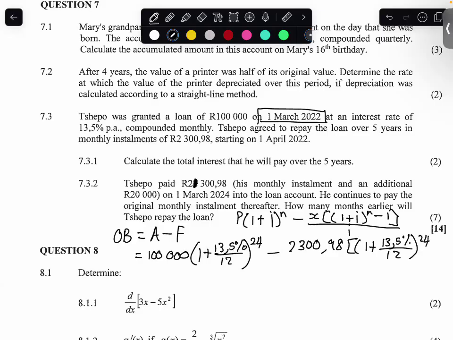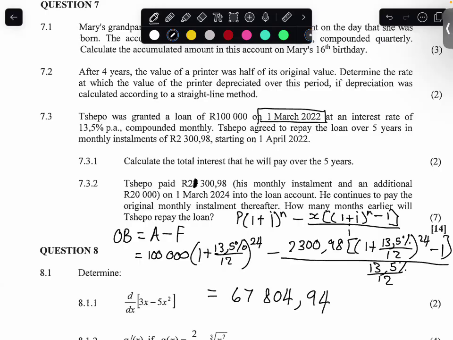The N values must be the same for both. And then that's minus 1 all over I, which is 13.5%. Don't forget your percentage sign over 12. This whole thing goes in on the calculator. It's going to give me the outstanding balance on the loan to 64 Rand and 94 cents.